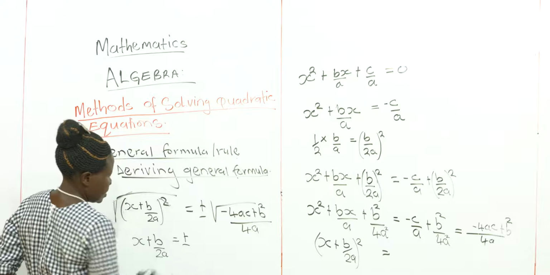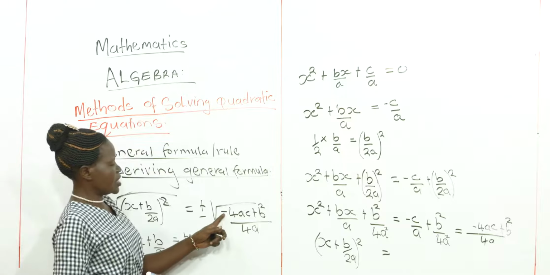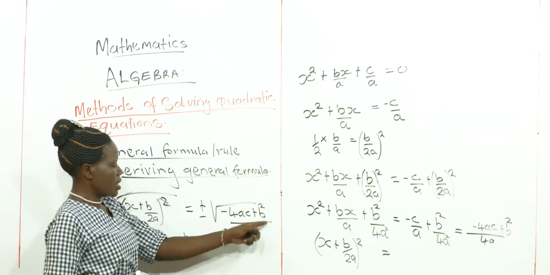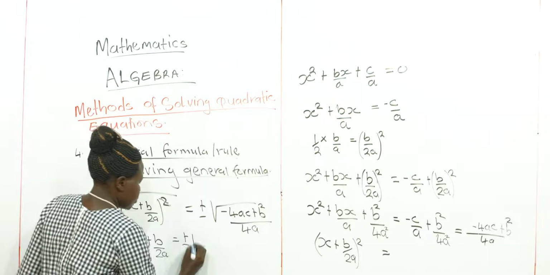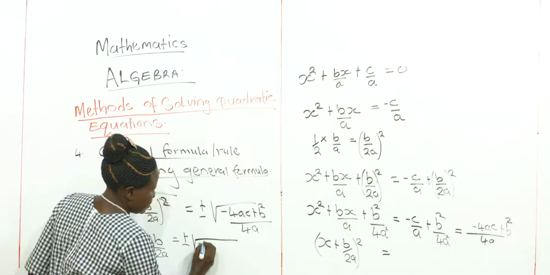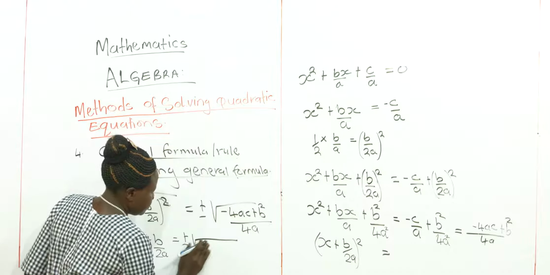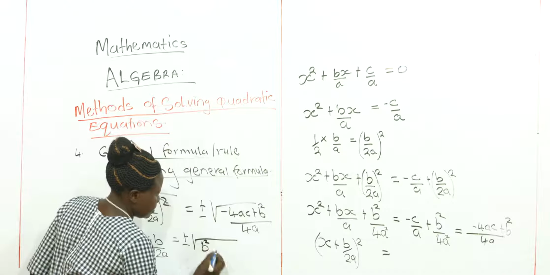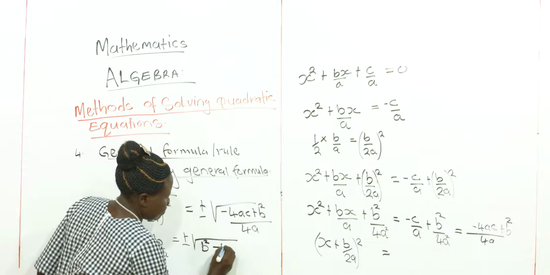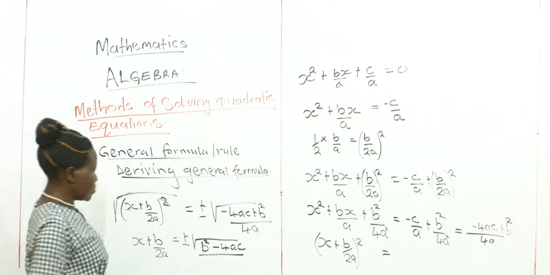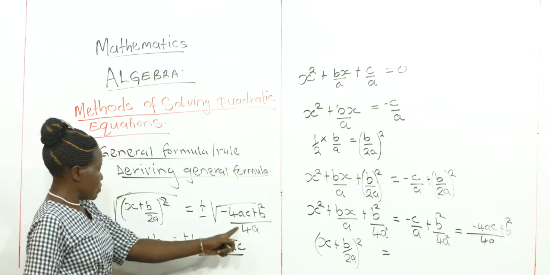and then we shall have x plus b over 2a equals to plus or minus. Since a negative is here, we can make an arrangement, begin with a positive and end with a negative. So we shall have b squared because it is positive, and then minus 4ac, out of the root of this.